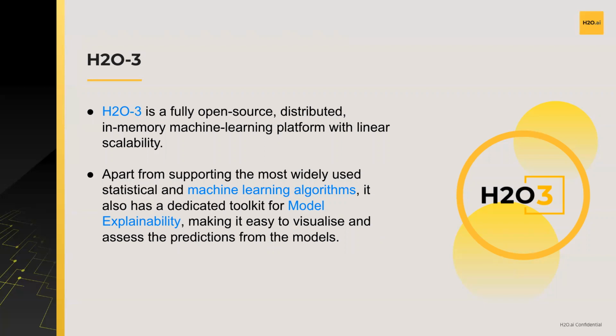Not only does it support the most widely used statistical and machine learning algorithms like XGBoost or GLMs or GAMs, it also has a dedicated toolkit for modern explainability. So you can easily train your models, and then you can easily visualize with a single line of code, and then you can assess the predictions of the models and make sure that they are what you expect them to be, and maybe not incorrect. And if you think there is something which doesn't fall in place, you might go back and try to debug your model.